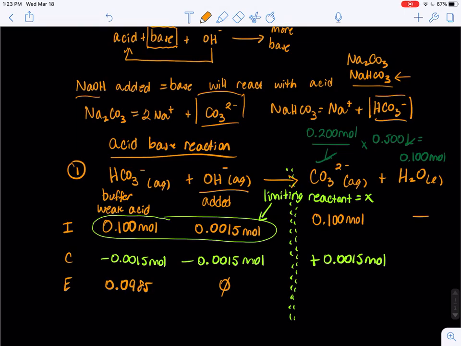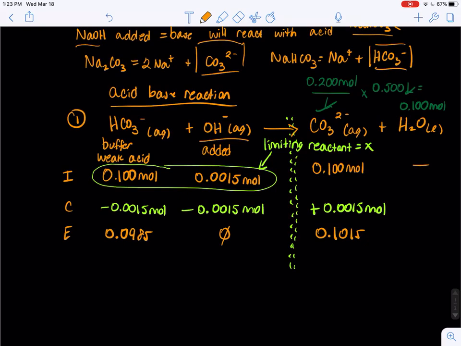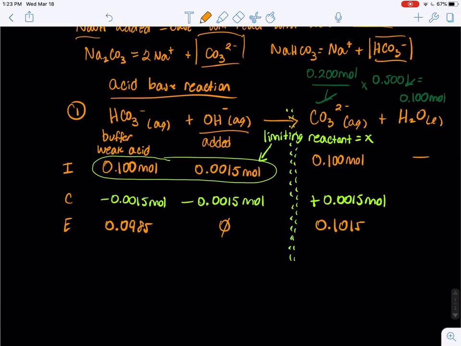And 0.1 plus 0.0015 is your 0.1015. Okay? So we're not trying to figure out the equilibrium constant or x or anything. It's just for organization, and I recommend this, okay?